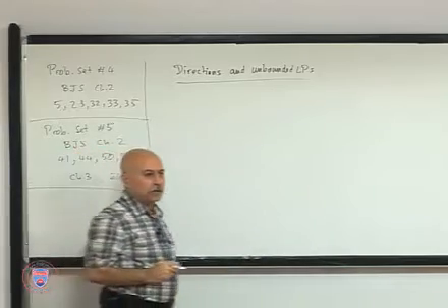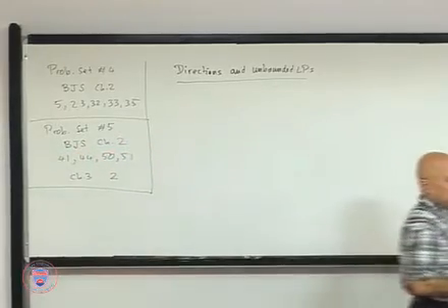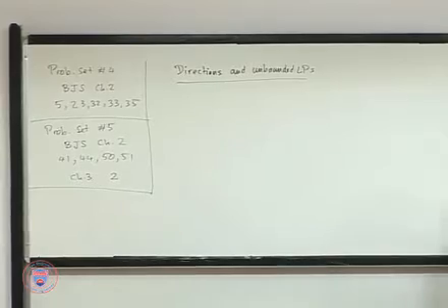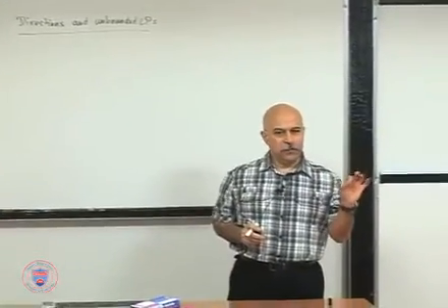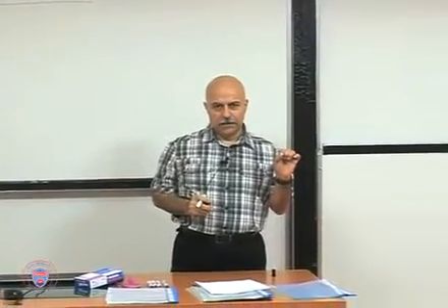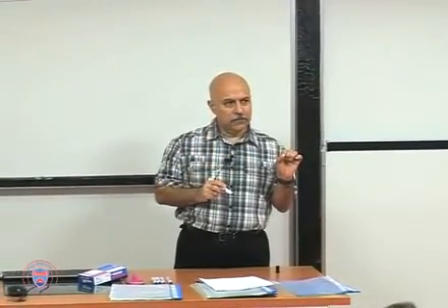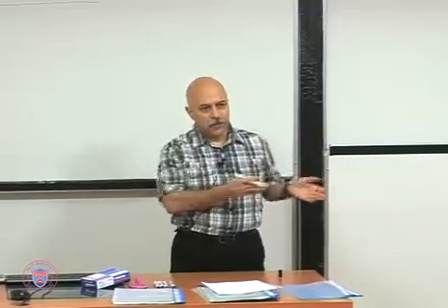Remember, the direction of a polyhedral set or a convex set is any non-zero vector D such that if you pick a point in the set and add a non-negative multiple of that vector to the feasible point, you still continue to stay in the set. That's the definition of a direction.